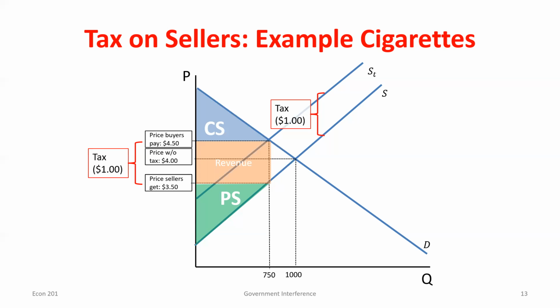So total surplus is no longer just producer plus consumer surplus. I'm shorthanding this: total surplus is consumer surplus plus producer surplus, plus we want to think about government surplus, or tax revenue.